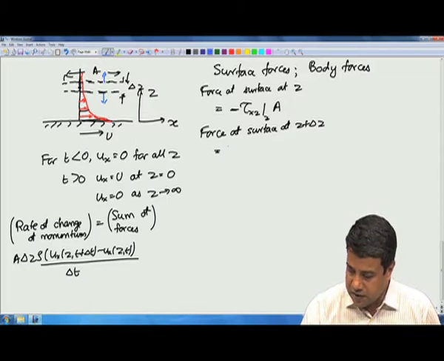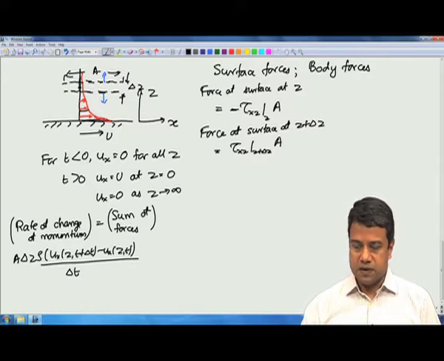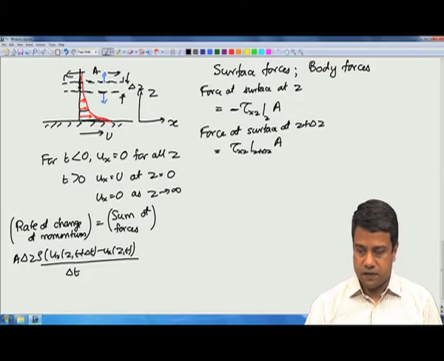Therefore, the force is equal to tau x z at z plus delta z times A. Those are the surface forces, the surface forces due to the shear stress at the surface.